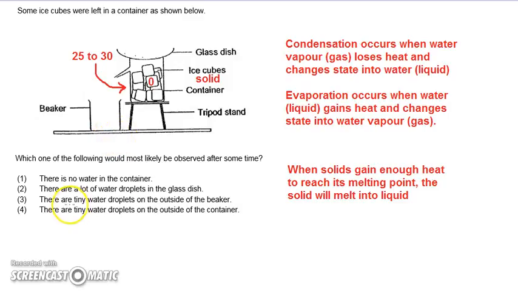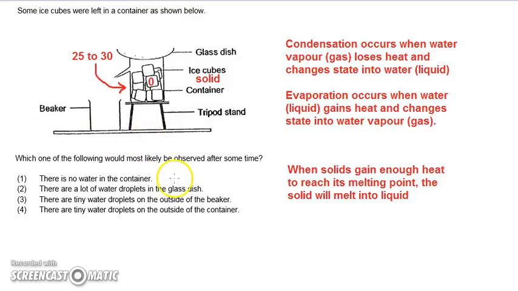According to option 3, the tiny water droplets are on the outside of the beaker. Now this is not true because the beaker will be at room temperature too. So the water vapor in the surrounding air will not be losing heat to the beaker, and hence no water droplets will be on the outside of the beaker.